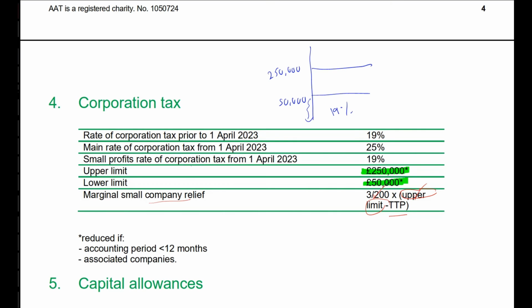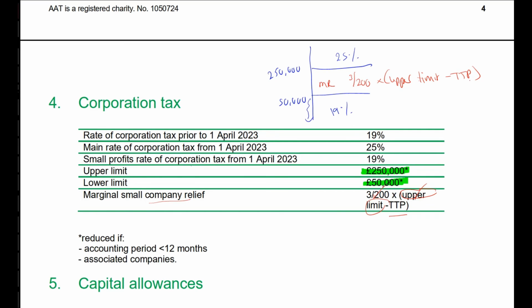So I'm going to put 19% at the bottom. The main rate of corporation tax is going to be right up at the top there, and it's going to be 25%. And anything in the middle is going to use the marginal relief fraction. So we're going to use the fraction 3/200ths multiplied by the upper limit minus TTP.